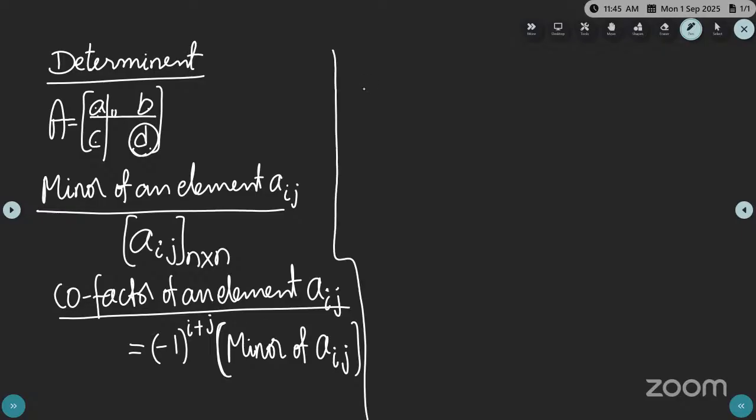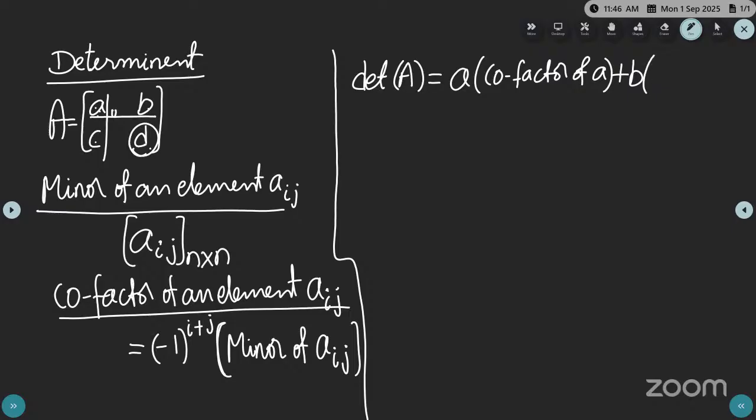Determinant of A is denoted by det of A. How to write? Listen. You can write it as A into cofactor of A plus B into cofactor of B. What is cofactor of A?